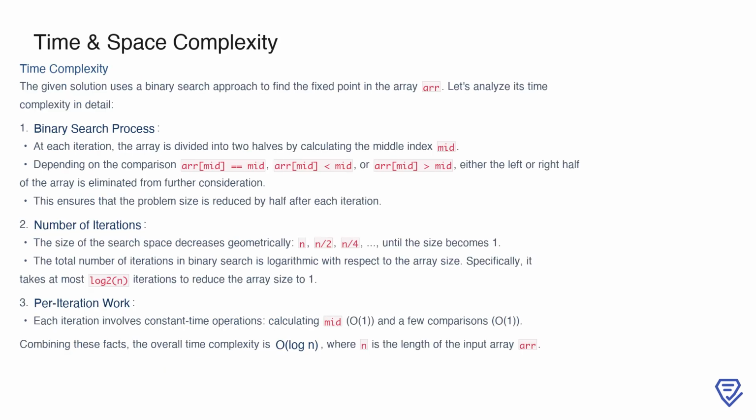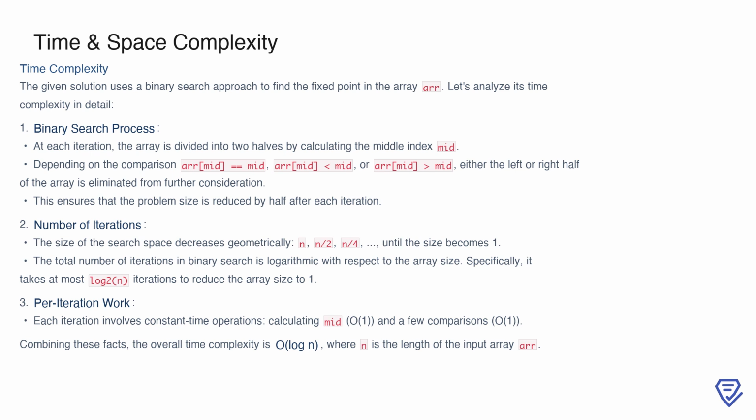To analyze the time complexity of our solution, we focus on the binary search process. Binary search works by dividing the array into two halves at each step. The midpoint of the array, mid, is calculated, and based on the comparison between ARR[mid] and mid, one half of the array is discarded. This eliminates half of the remaining search space in each iteration.